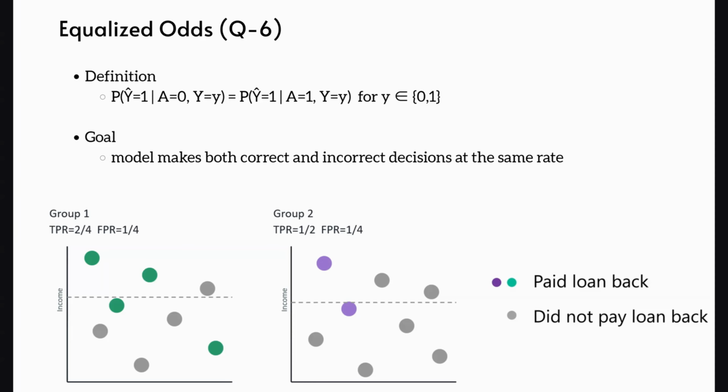Yeah, 1/3 there. False positive rate. We have 3 dots. It makes both correct at the same rate. False positive rate is 2 out of 4? Only one is getting misidentified, right? So 1 out of 4.